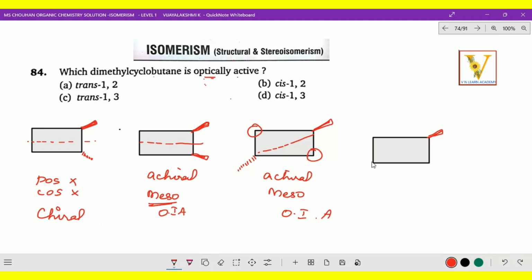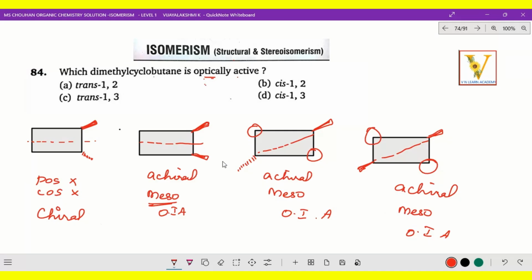And next one, cis 1,3 dimethyl cyclobutane. Here also, when you cut over here, both sides are equal, achiral. Achiral means meso, that is optically inactive.